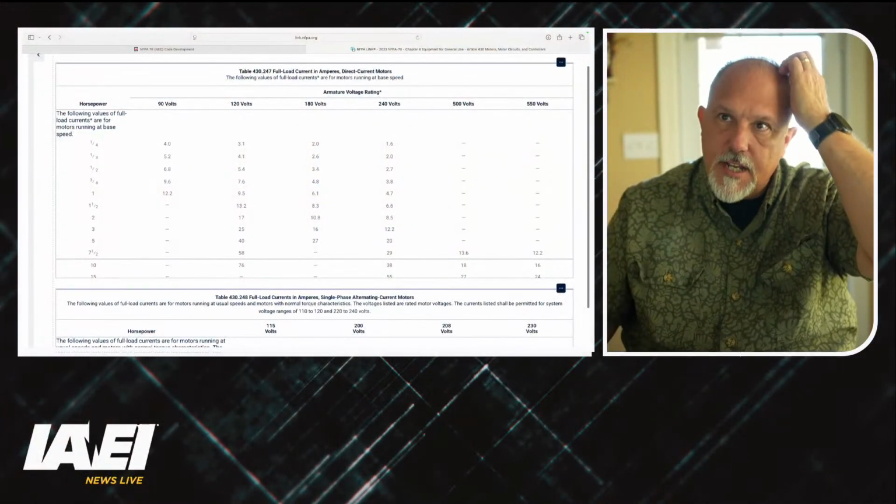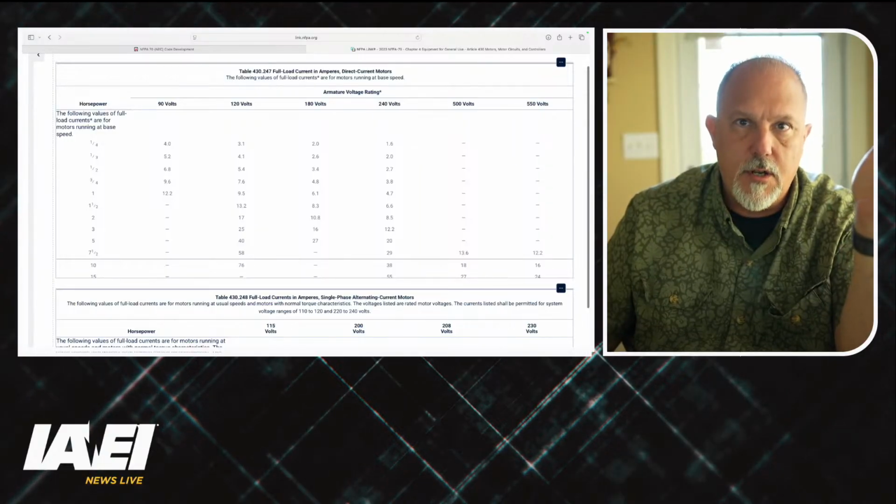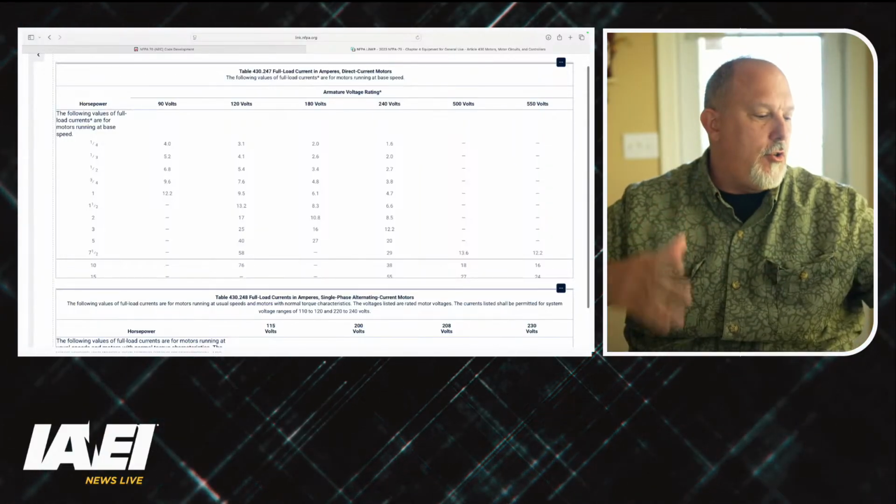430.247. This will tell you, based upon horsepower and the voltage, what the full load currents are for those motors. So we do a lot of the calculations based upon tables and not the motor itself, because the table is going to give you a number that will be greater than the full load amps of the motor that's going in its place, so that you have an infrastructure that can accommodate the replacement of the motor.